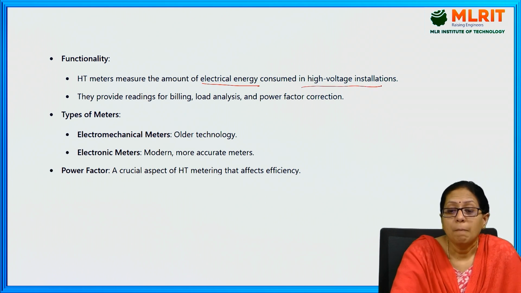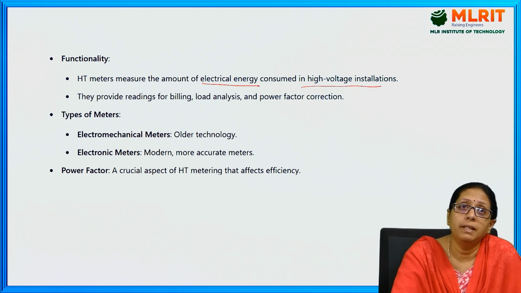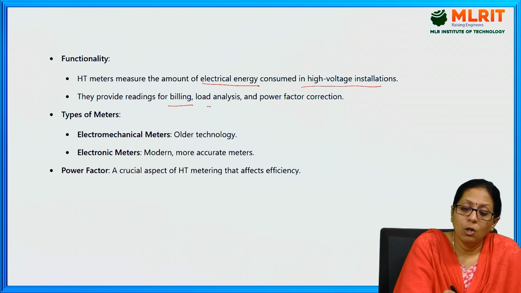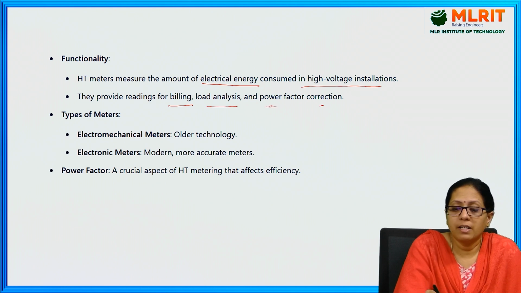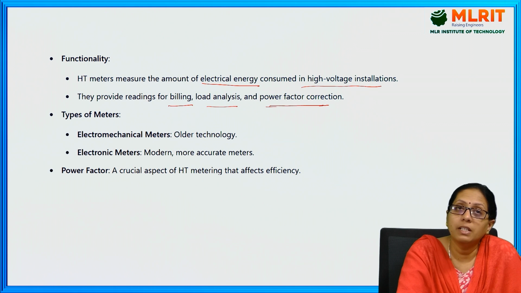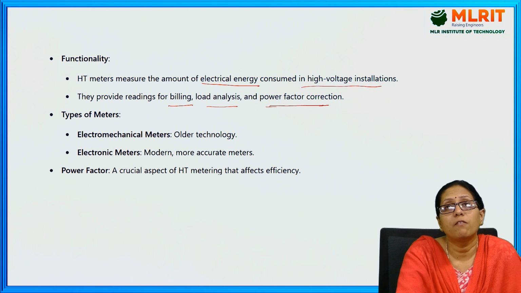That is, the energy which is being consumed by the customer or the consumer is being measured by using this HT meter. They provide the reading for billing, load analysis and power factor correction also.